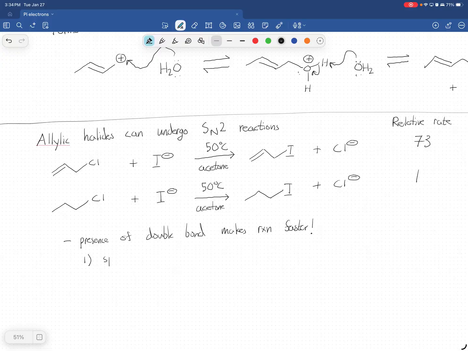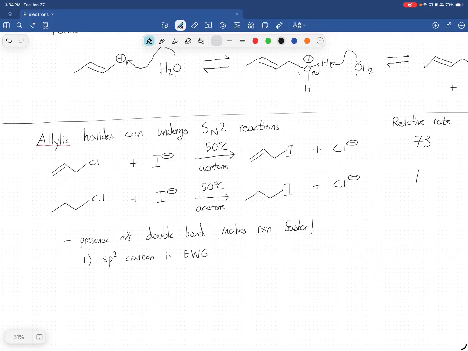Let me bring up a few points why this is. One, the sp2 carbon is an electron withdrawing group. Remember how we said atoms with more s character orbitals are stronger acids. They are more electron withdrawing because the nucleus is closer to the electrons in the carbon atom, so it pulls the electrons greater.